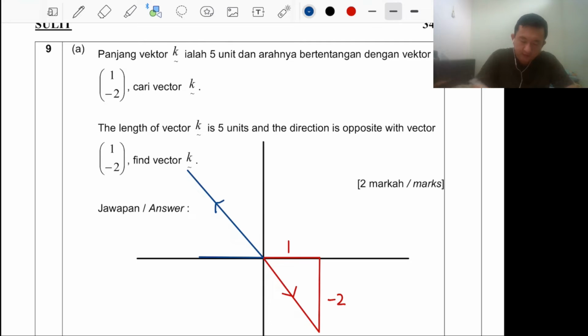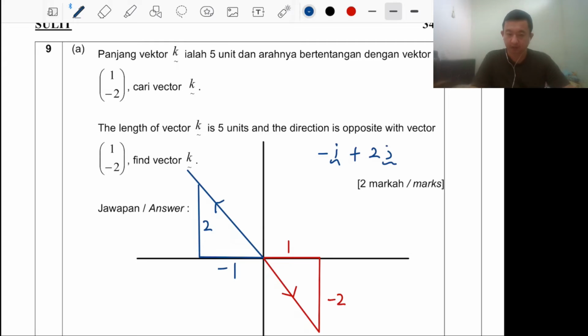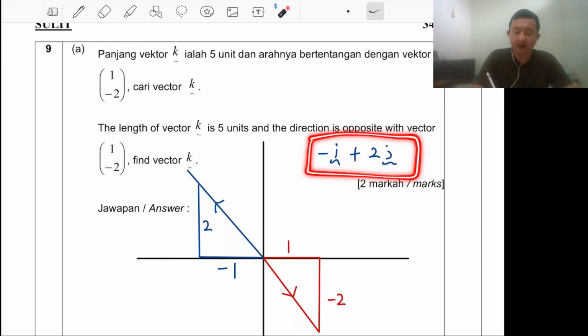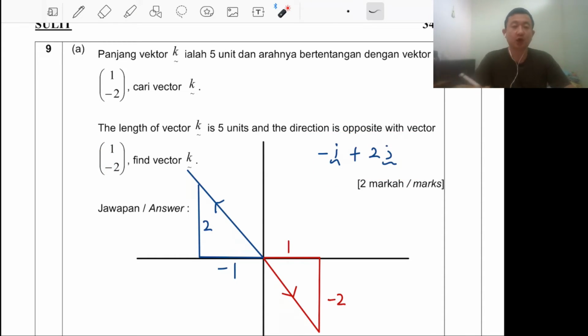Negative 1 and also 2, right? So the answer of it should be negative i plus 2j. This is the opposite direction. Basically just times negative 1. So negative 1i plus 2j.